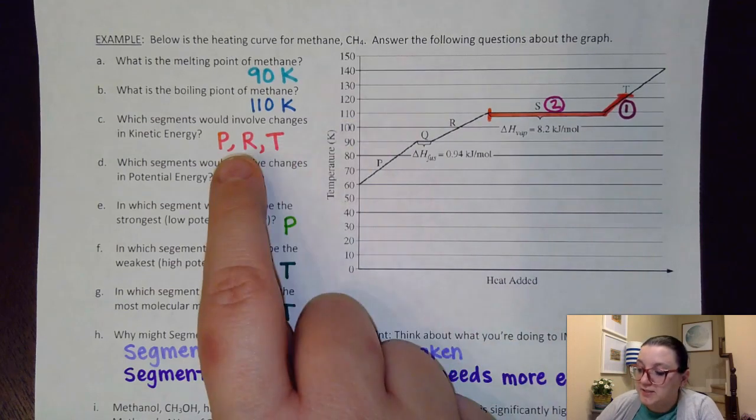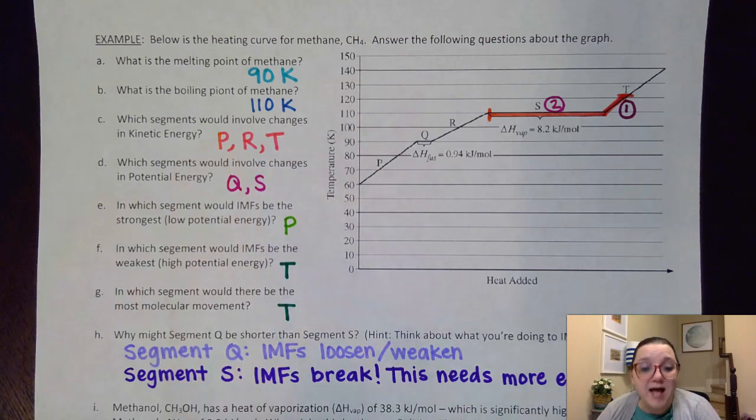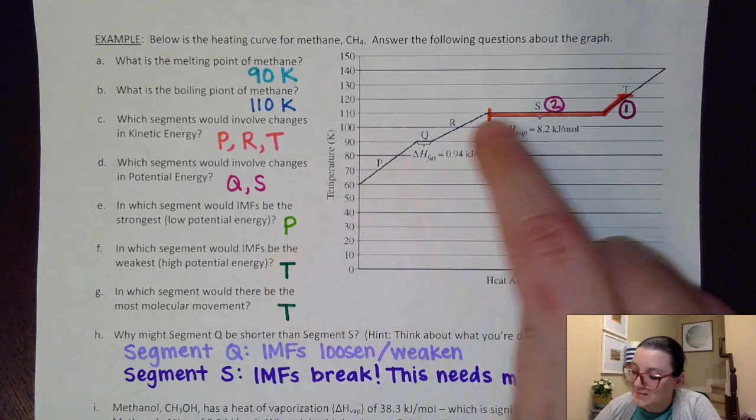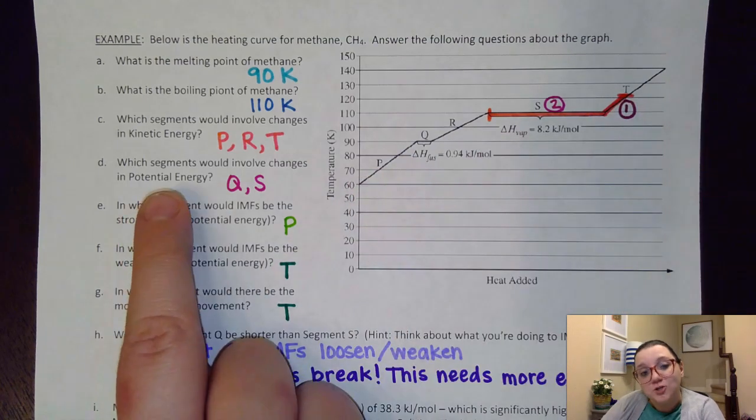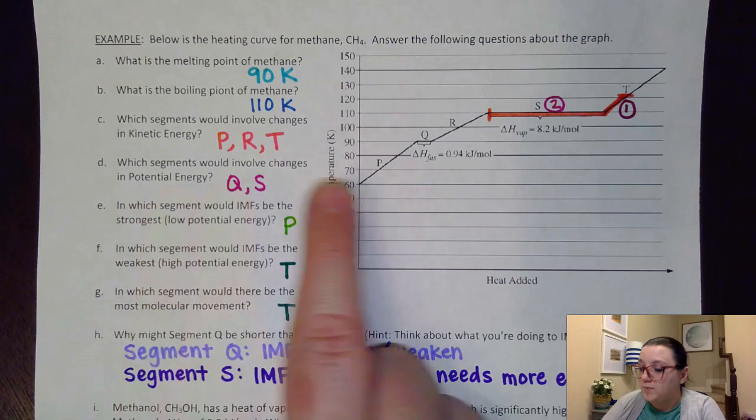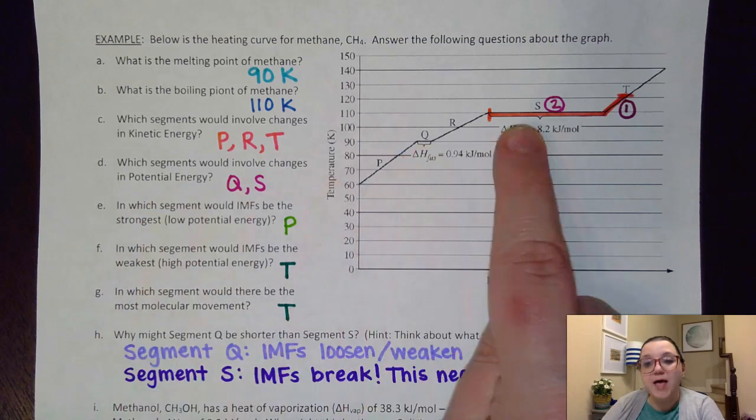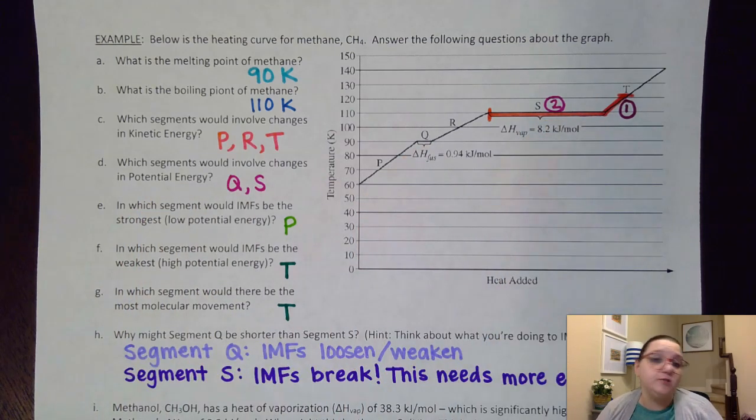It then asks which segments would involve changes in kinetic energy. Those would be our diagonal sections, so section P, R, and T. The potential energy segments would be our plateaus, the Q and the S, where we have those phase changes occurring because we're changing IMFs. So then it asks, in which segment would IMFs be the strongest, meaning a low potential energy?